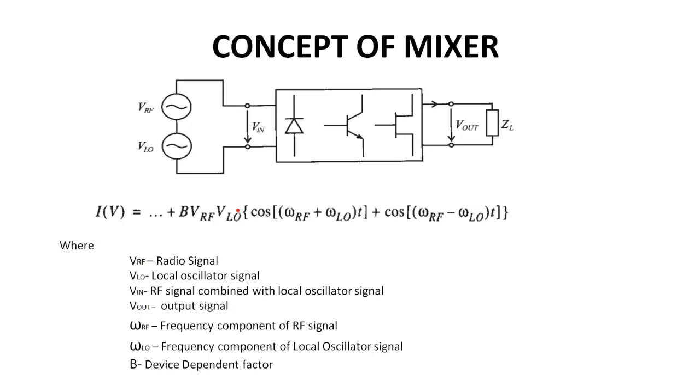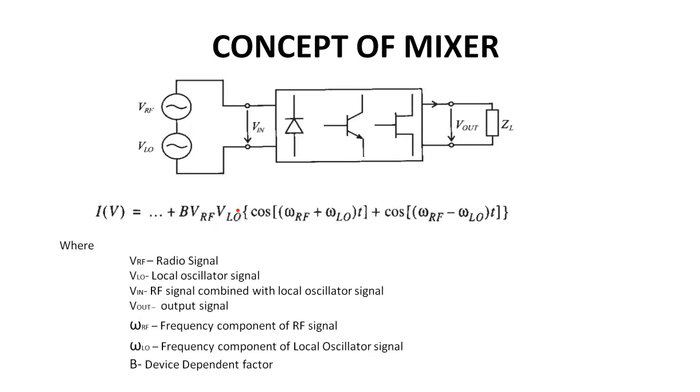After solving and neglecting some higher order frequencies, we will get the current equation I equals B times VRF times VLO times cos of (omega RF plus omega LO) t plus cos of (omega RF minus omega LO) t. In this equation, VRF is the magnitude of the radio signal, VLO is the magnitude of the local oscillator signal.